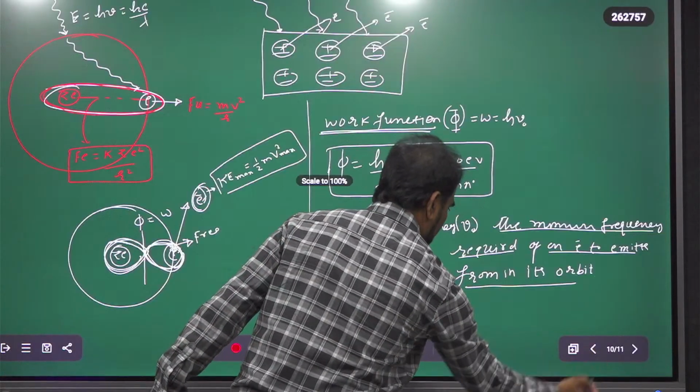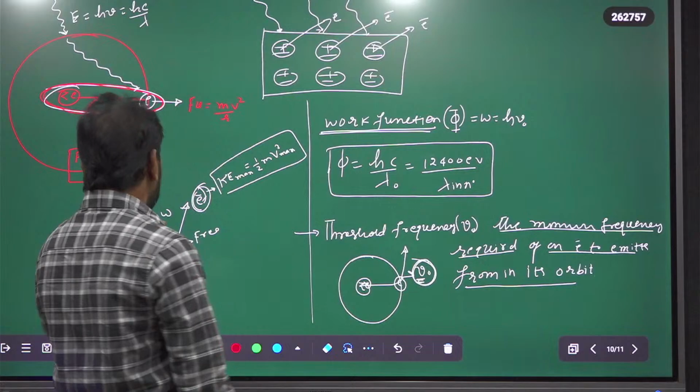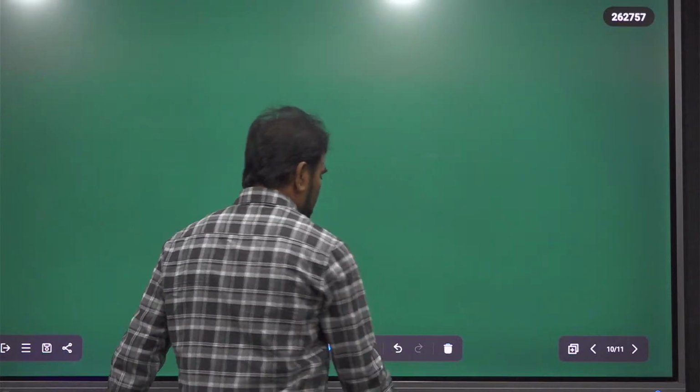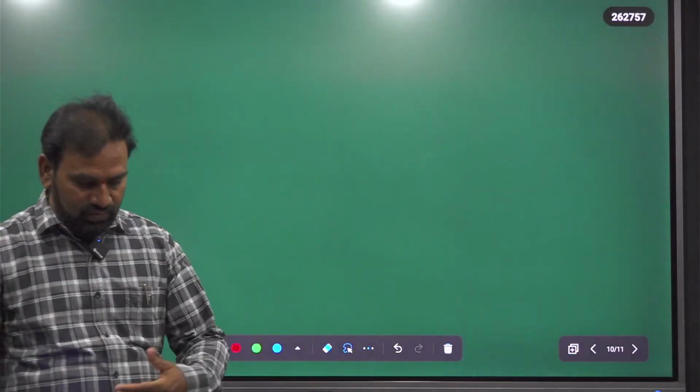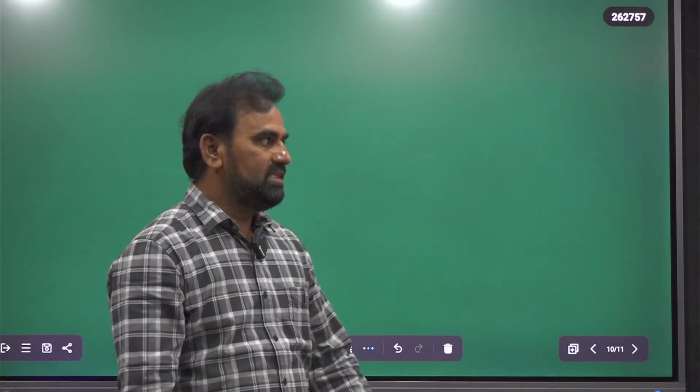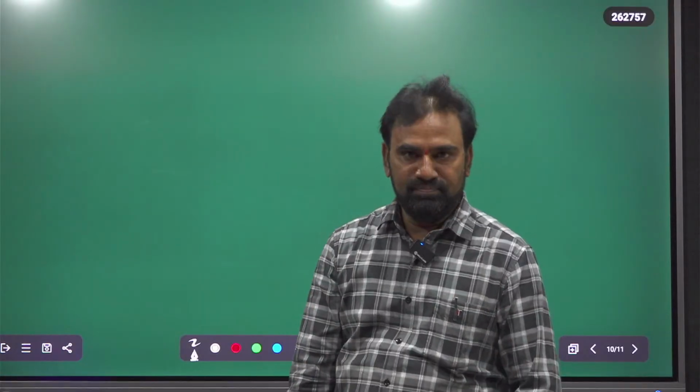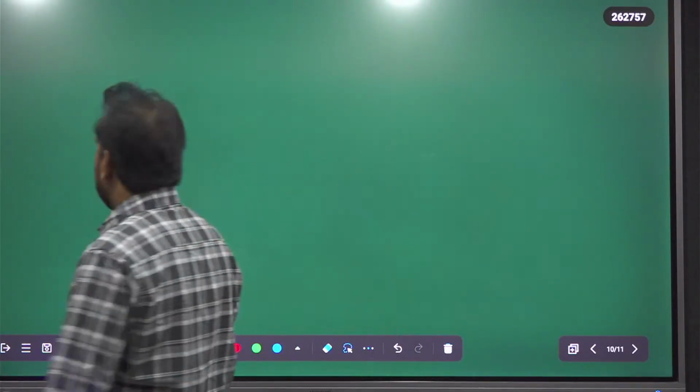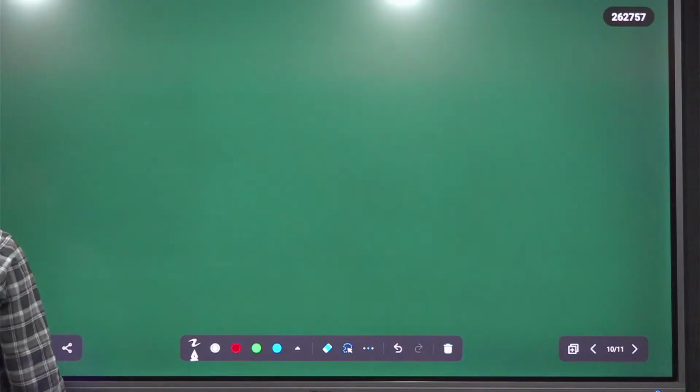Next, see, what is the effect of intensity on photoelectric current? The effect of intensity of light on photoelectric current.